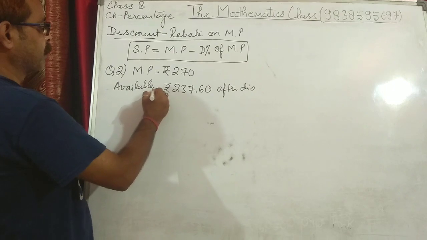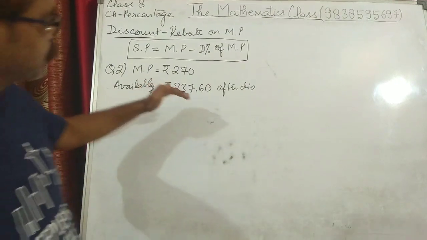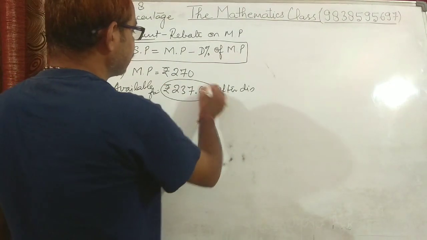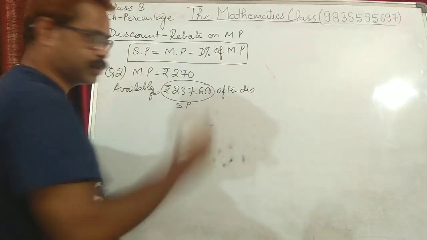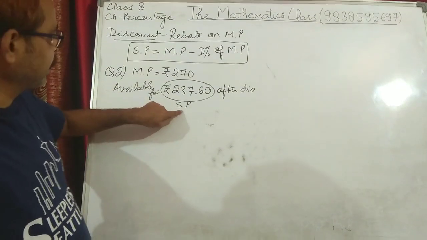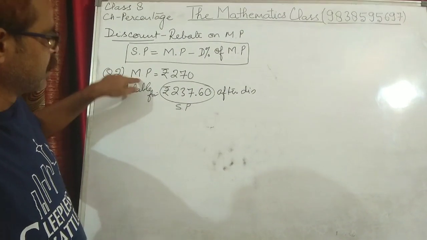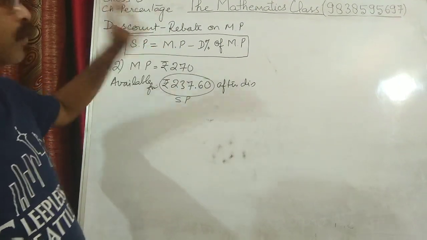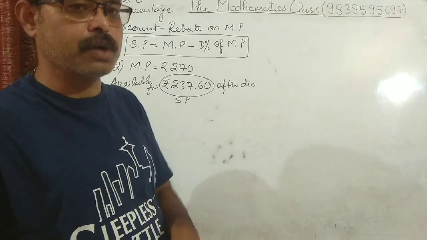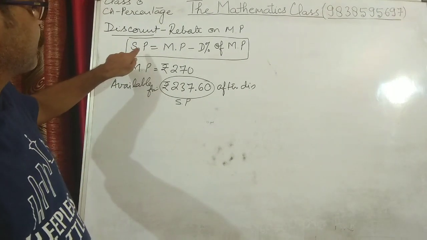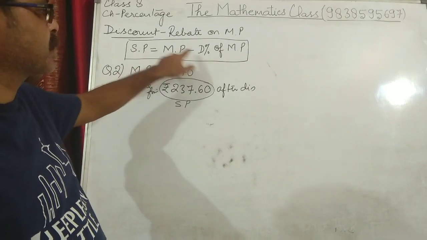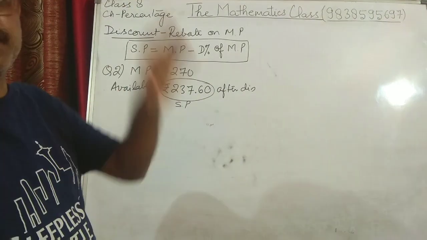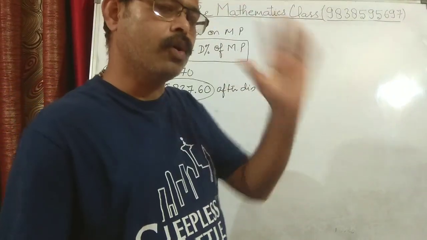If it is available for 237.60, this value is the selling price of the shirt. You have been given the selling price and the mark price, and you have to find the discount percent. In all the questions of discount, either the selling price, the mark price, or the discount percent will be missing, but there is only one formula that you have to learn, and with this formula you can solve all the questions.